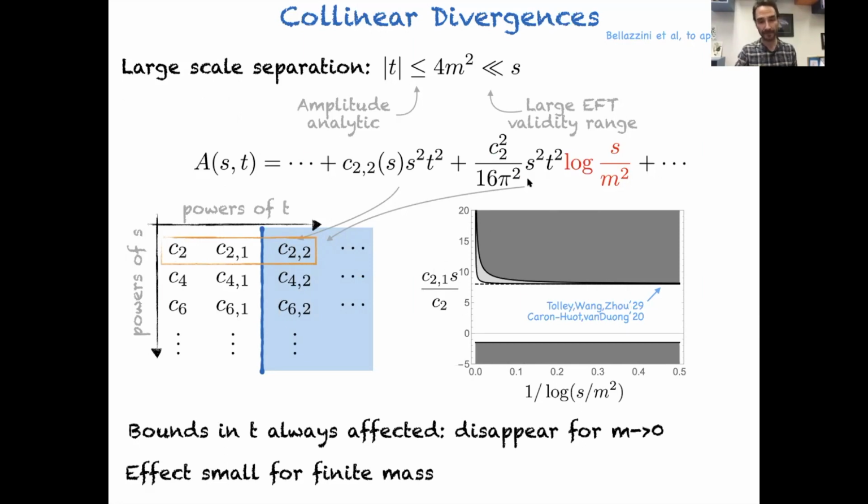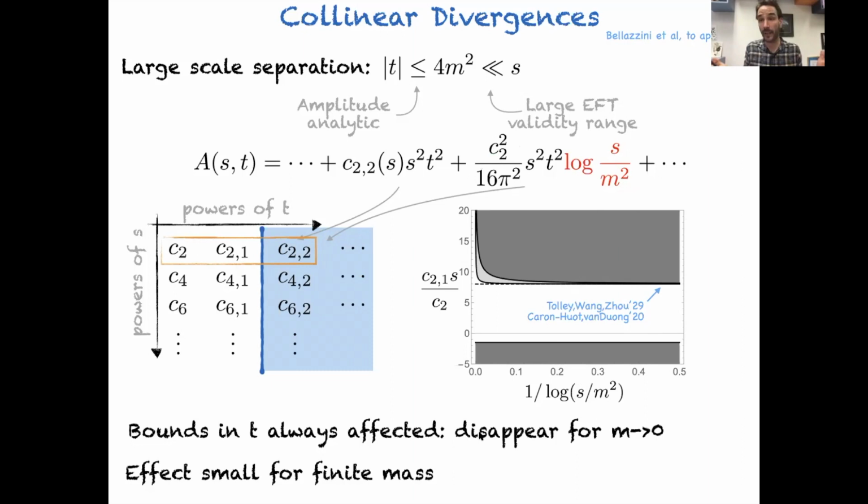And now we can basically see how these bounds are altered. What you see is that indeed for energies which are not so separated from the mass, the tree-level naive bounds actually hold very well. But on the other hand, these effects are always there. All the bounds in t, so these horizontal bounds, will be affected.